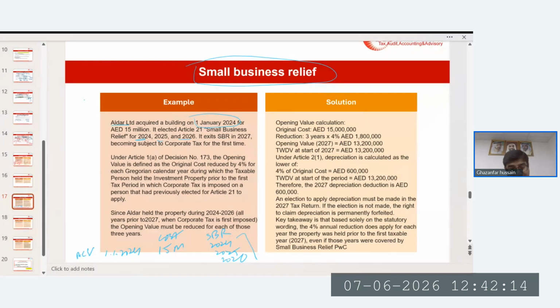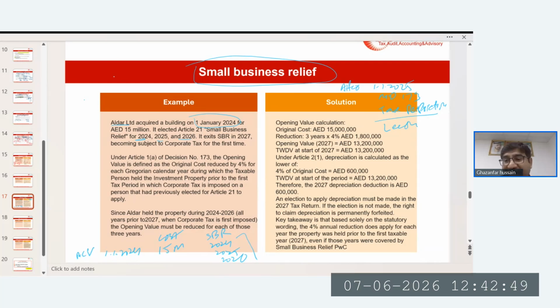From the perspective of this, how many years can we claim this? What is our learning, what are we focusing to learn? When we say 1st January 2025, the Ministerial Decision 173 tax depreciation, how many years can we continue? This is our point to learn over here.